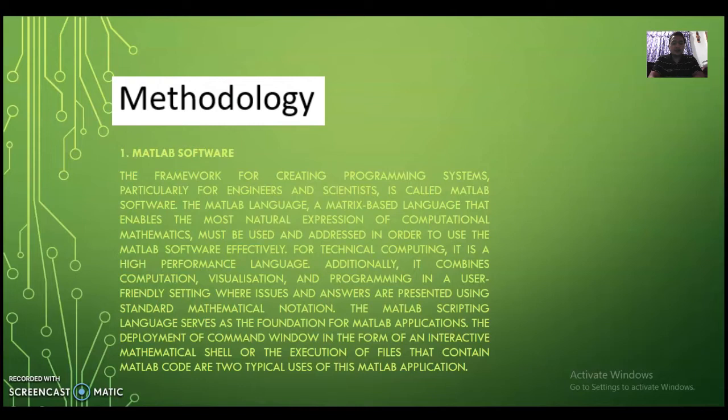In addition, it combines computation, visualization, and programming in a user-friendly setting where problems and answers are given using standard mathematical notation. The MATLAB scripting language serves as a foundation for MATLAB applications. The use of the command window as an interactive mathematical shell, or the execution of files that contain MATLAB code, are two typical uses of this application.